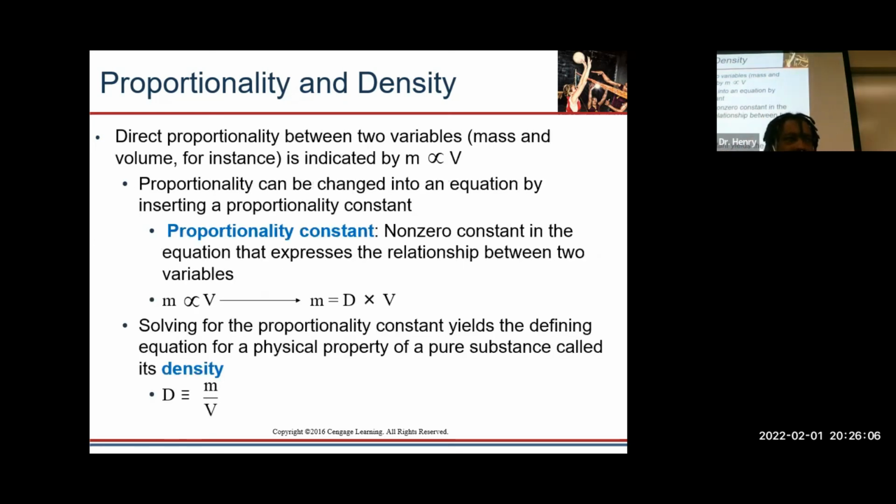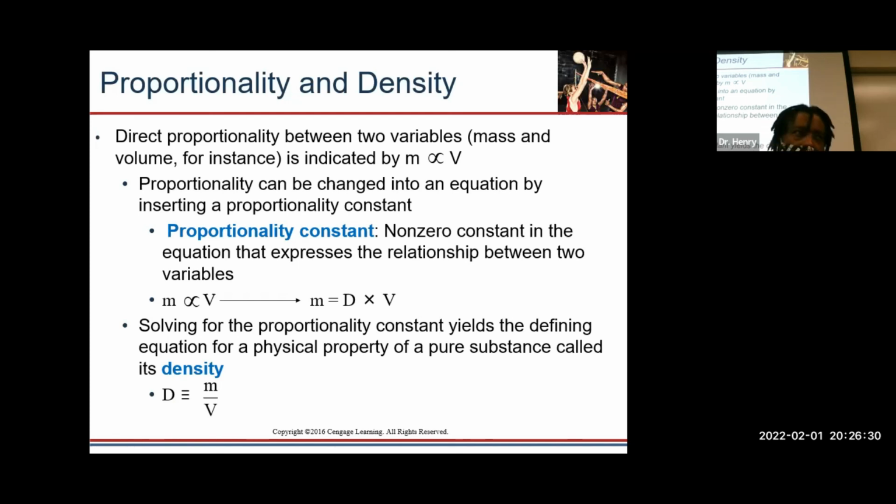Volume and mass are directly proportional to each other. As mass goes up, the volume has to go up. That kind of makes sense. The more of something you have in terms of the volume, it's going to get heavier, right?